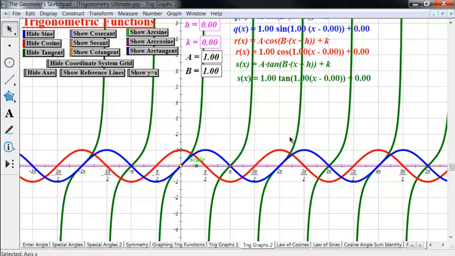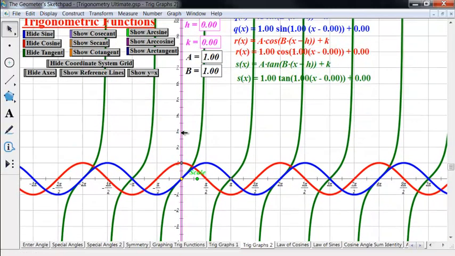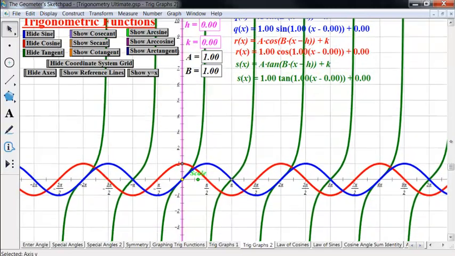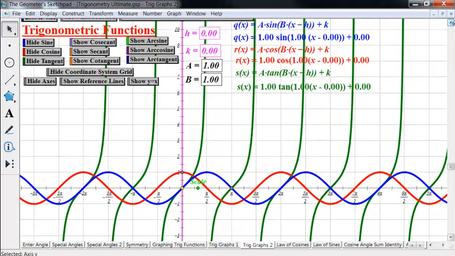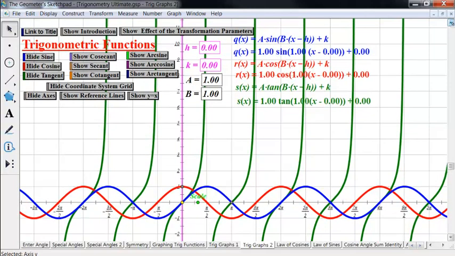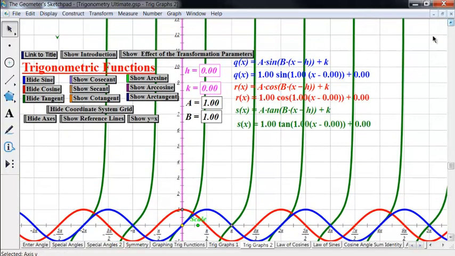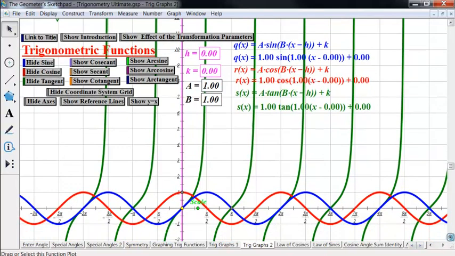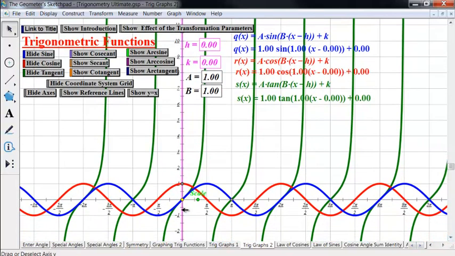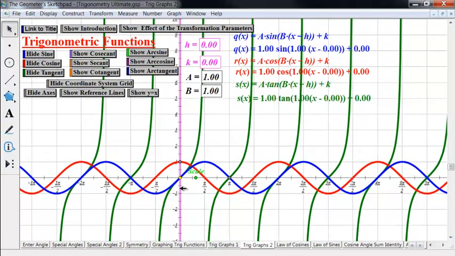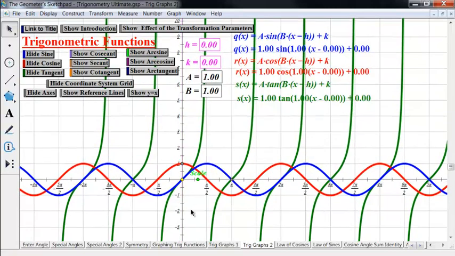And so you can see the sine, cosine, and the tangent all there. Okay, so there are graphs of all three of the basic trig functions. In the next video, we'll look at how we can find cosecant, secant, and cotangent.